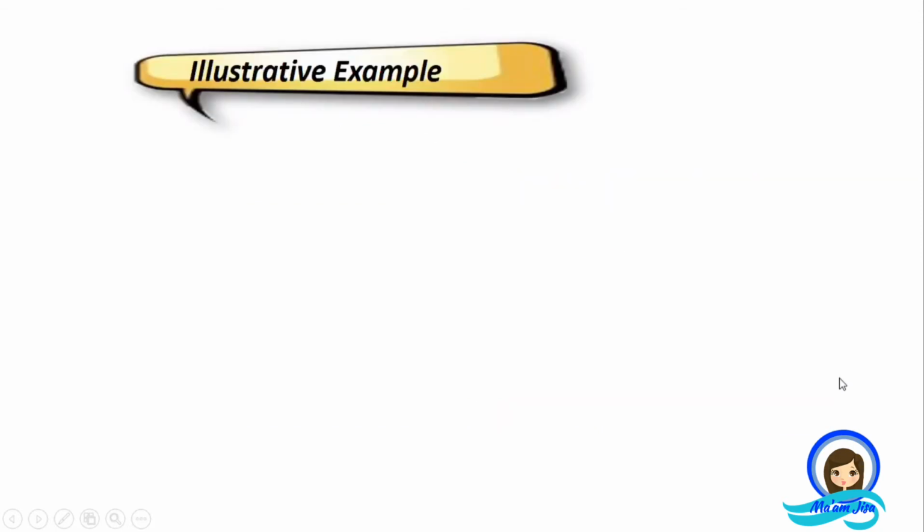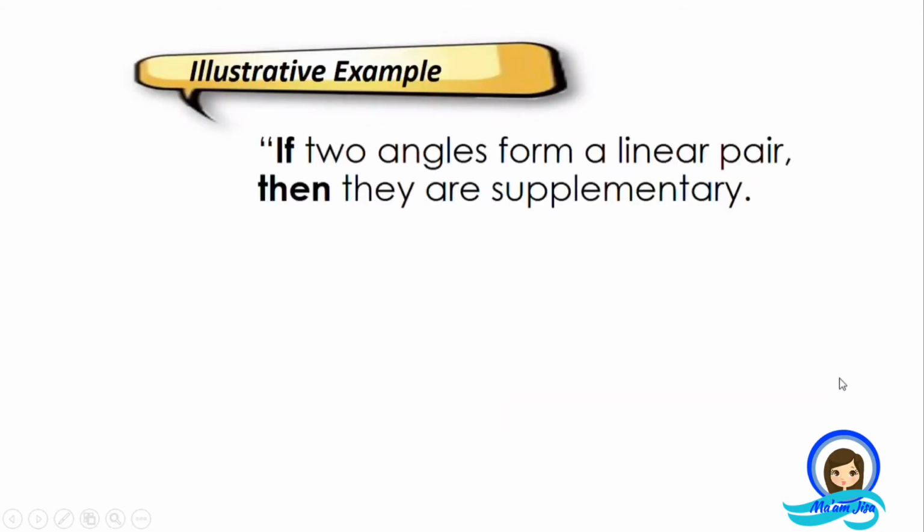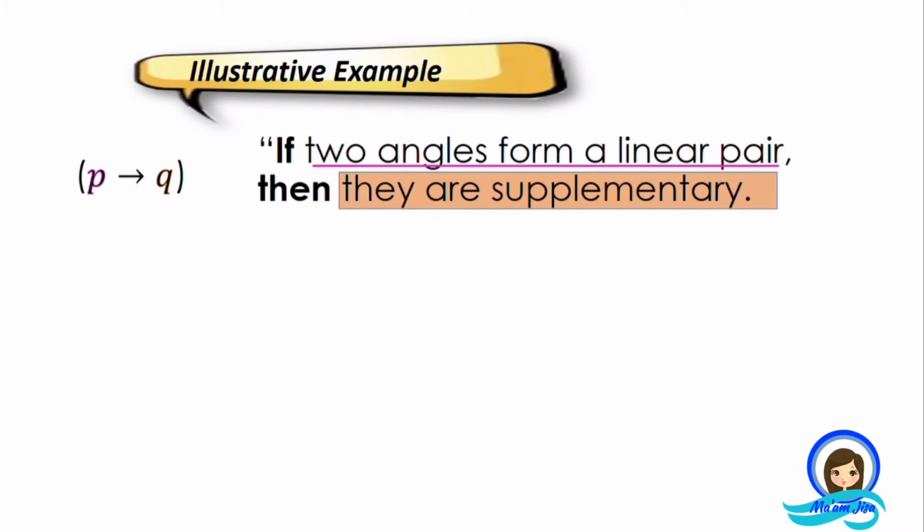So let us have some illustrative example. We have the given conditional. If two angles form a linear pair, then they are supplementary. So this is of the form conditional statement, the if-then statement. If P, then Q. The proposition P is two angles form a linear pair, while the proposition Q is they are supplementary.